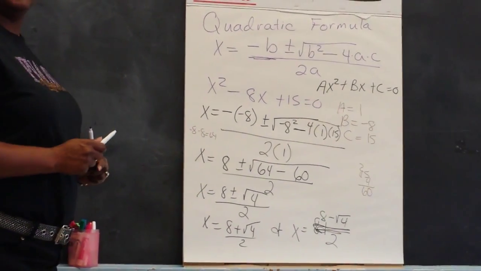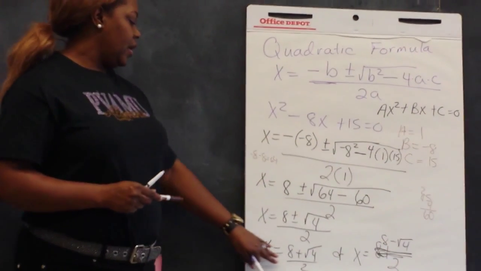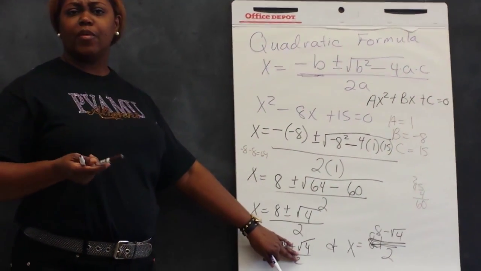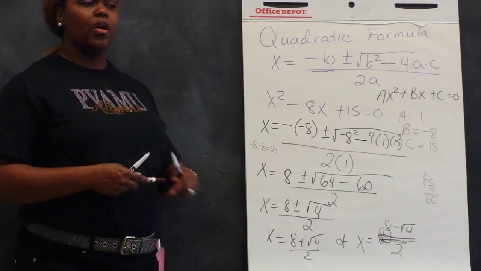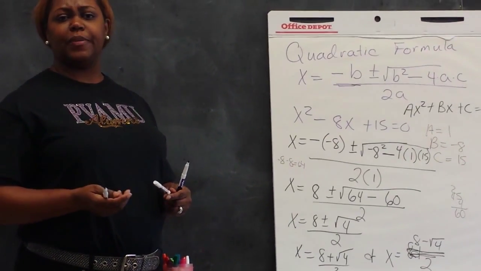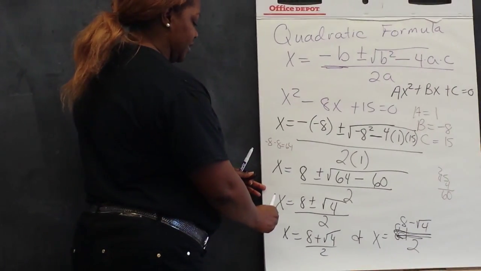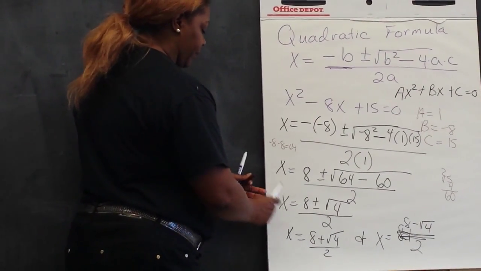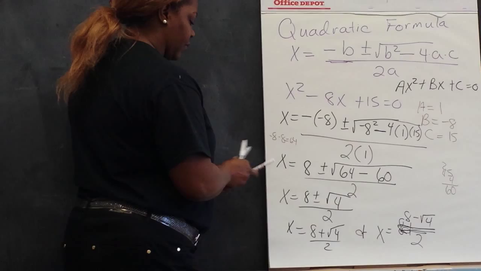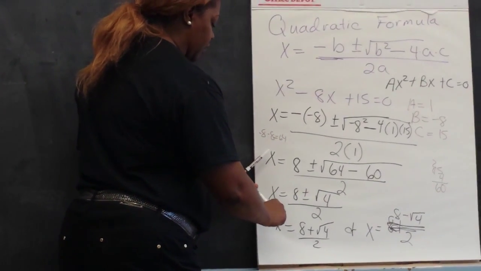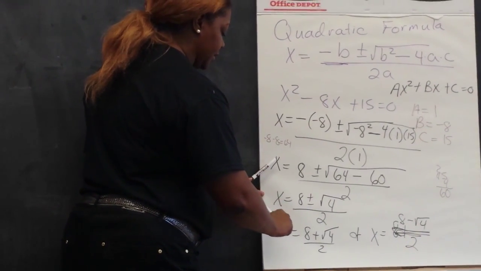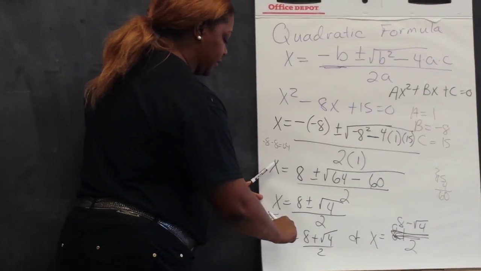Now, the square root of 4 happens to be a perfect square, which is 2. Over to the side, the square root of 4 is the same thing as 2 times 2.